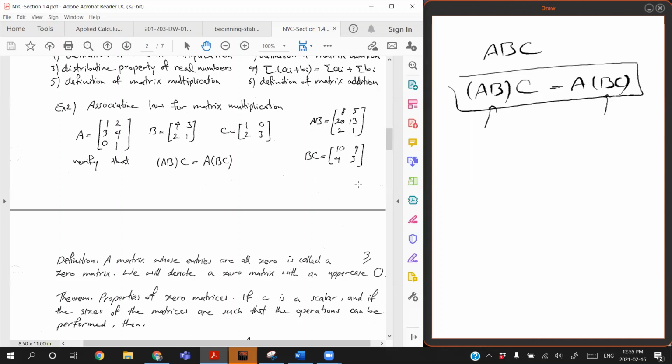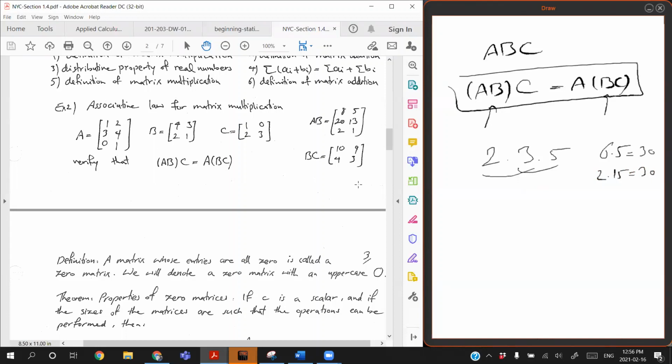If I give you three numbers, for example 2 times 3 times 5, it is not ambiguous. There is no confusion here because you can do this first. That would be 6 times 5, giving you 30. Another student may do this one first, that would be 2 times 15, which is also 30.